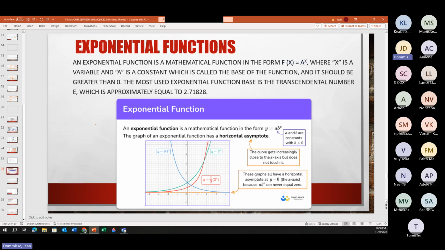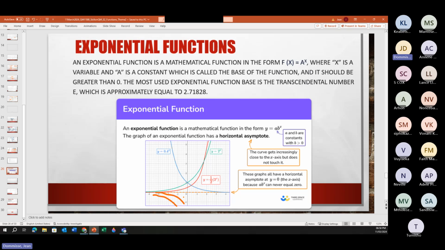But if I want to ask a definition on an exponential function, it will be that it doesn't matter how your formula looks, it will never cross the x-axis. So there might be negative ones as well.